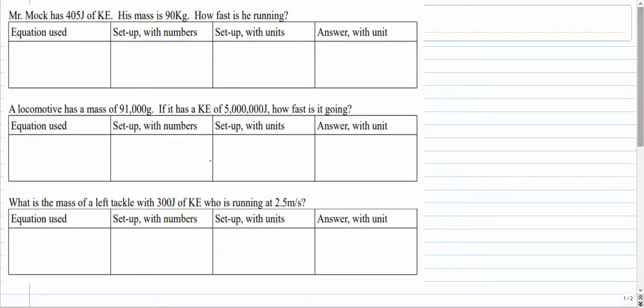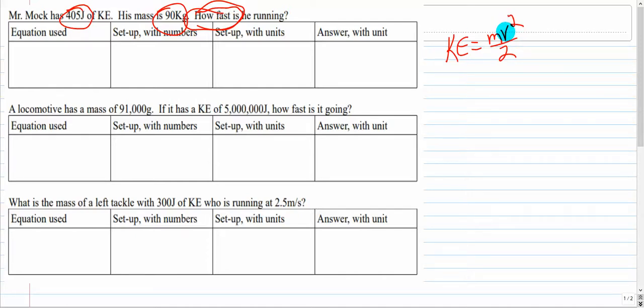Okay, how fast is something going? In other words, we need to get the v by itself. So we've got the energy right here, and we've got the mass. So we've got m and KE. We need to find v. So if we've got KE equals mv squared over 2, now we're trying to get the v by itself.